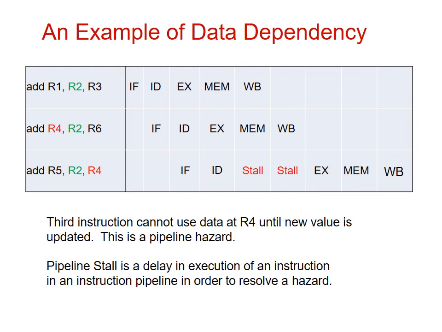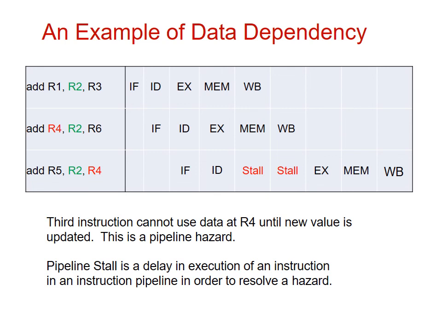The second instruction is also an add, which works with R2 and R6 and stores the result in R4. The third instruction adds R2 and R4 and stores the result, but there is a dependency. The third instruction cannot use data in R4 until the new value is updated. This is a pipeline hazard.